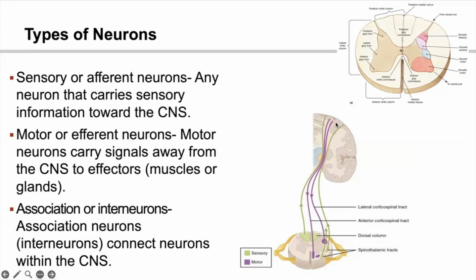And motor neurons actually carry information from the CNS to the different parts of your body. Okay, so for example, if you remember when we did the spinal cord, the gray matter took up somatic sensory neurons, which came in here, and through the ventral root, the motor neurons left the spinal cord. Same in here. In the case of white matter also, sensory information comes from the different parts of your body.